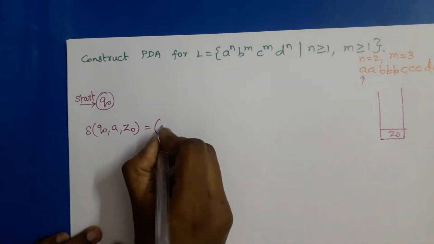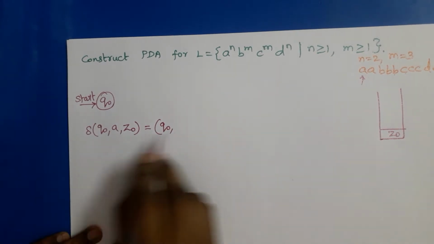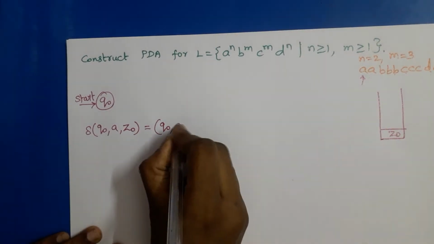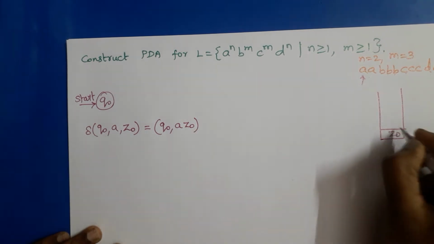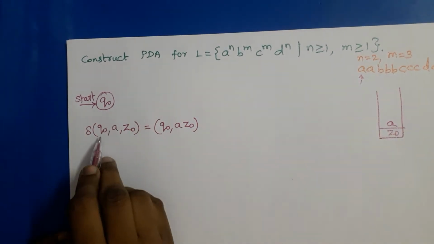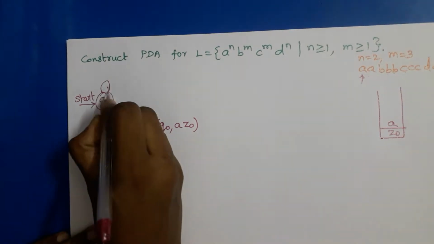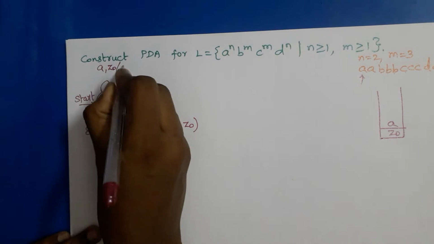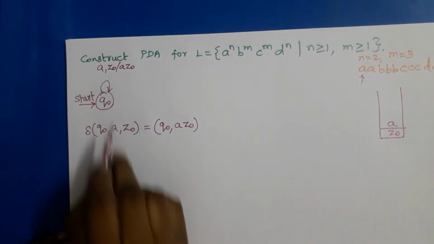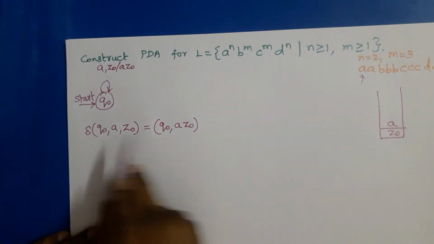We remain in the same state Q0 and a must be pushed onto the stack, so we write aZ0. So from Q0 to Q0, draw an edge labeled a comma Z0 slash aZ0. This is for pushing one a.